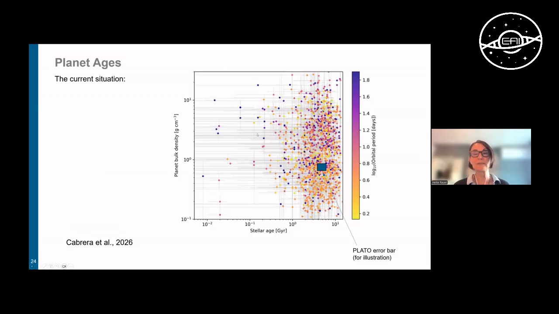But you see the lines, these lines indicate the error bars on the ages, and clearly the ages of normal field stars are not very constrained. And just for illustration, don't take the numbers too precisely here, I put in the approximate error bar we are expecting from PLATO. That hopefully will help us to sort this according to ages and find out typical evolutions of planets.